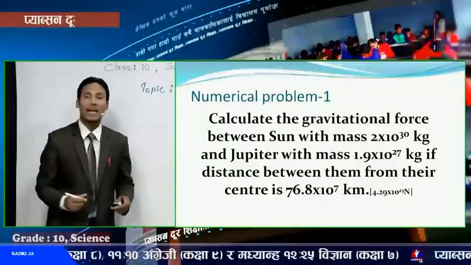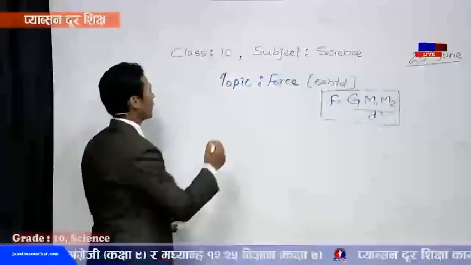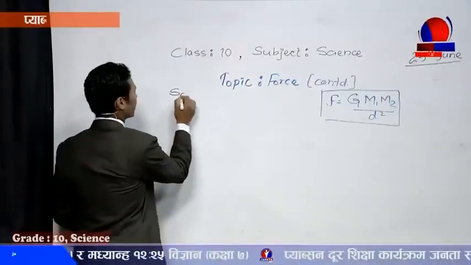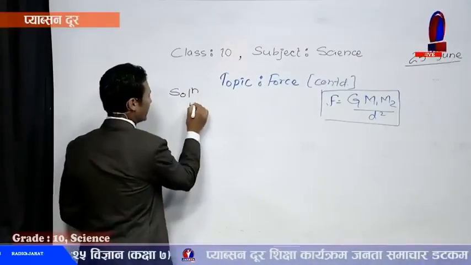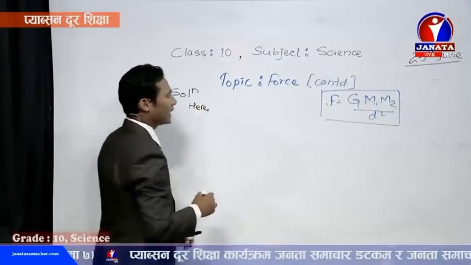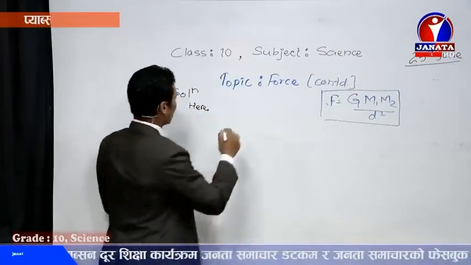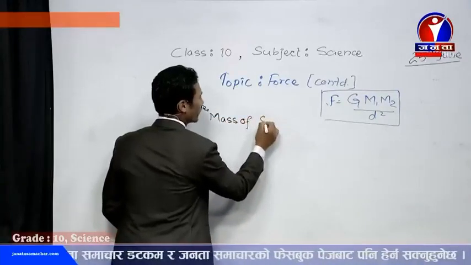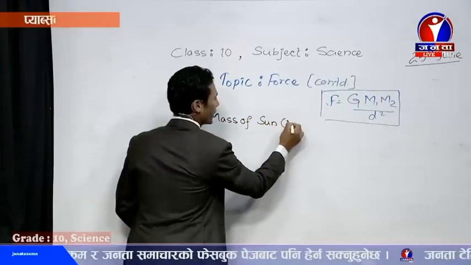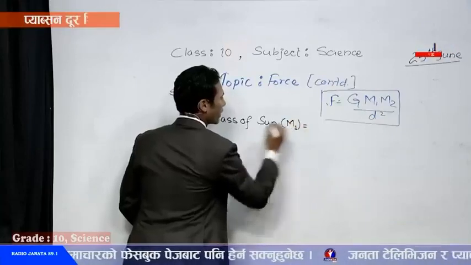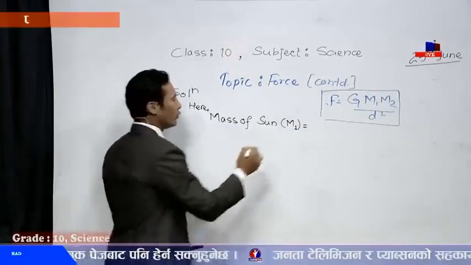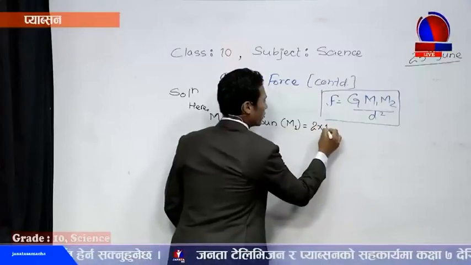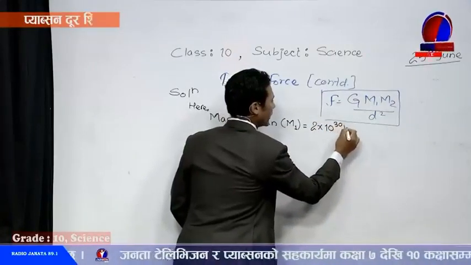So let's start to solve this numerical problem. Solution: what is given in the question is the mass of the sun. I will represent this as m1, which is 2 into 10 to the power 30 kg.